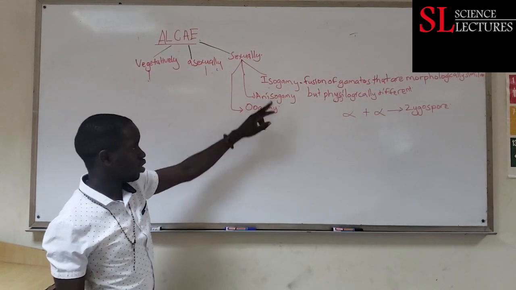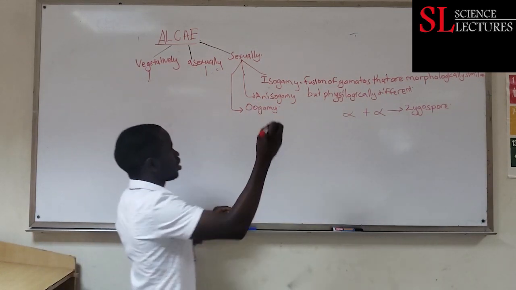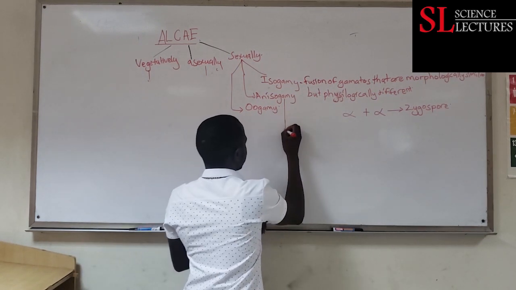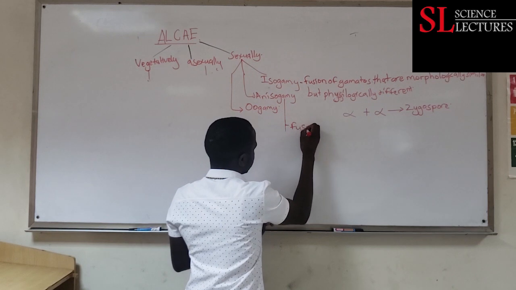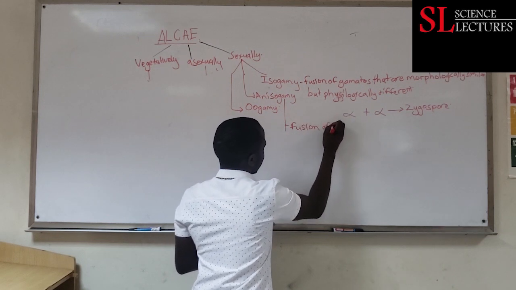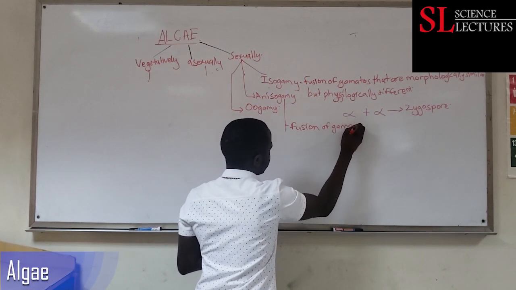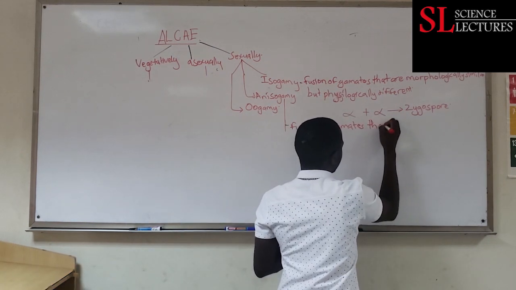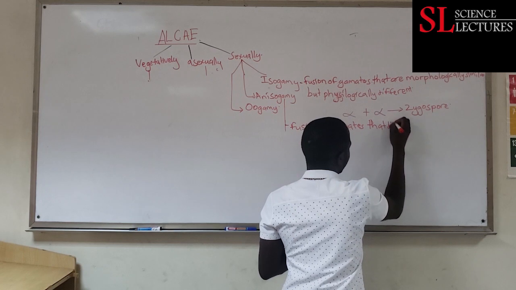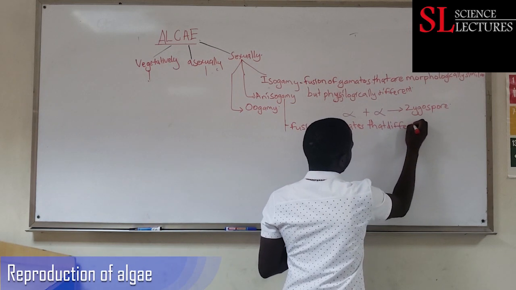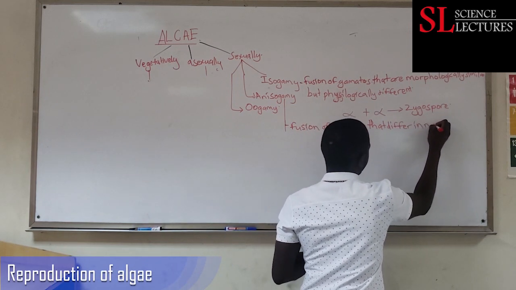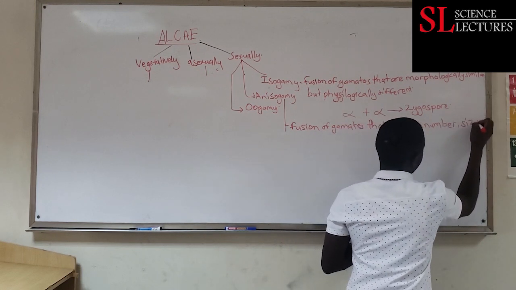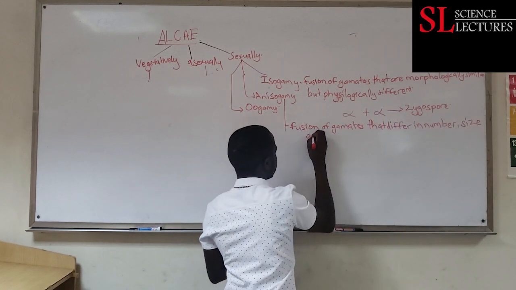Then, the next form of reproduction is anisogamy. Anisogamy is now the fusion of gametes. Here we have fusion of gametes that differ in number, size, and motility.